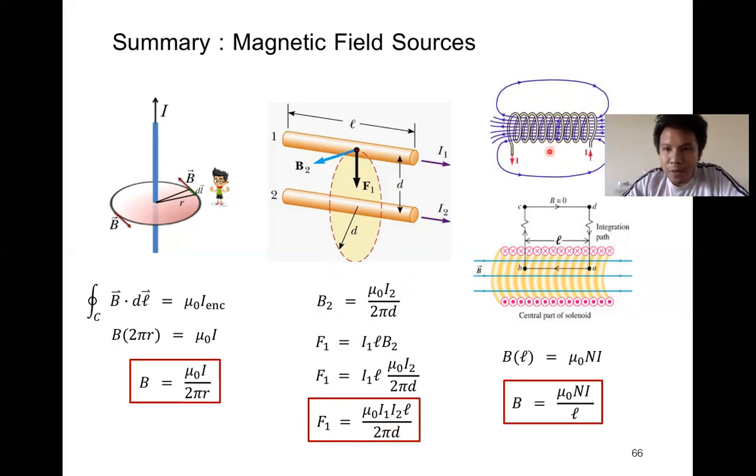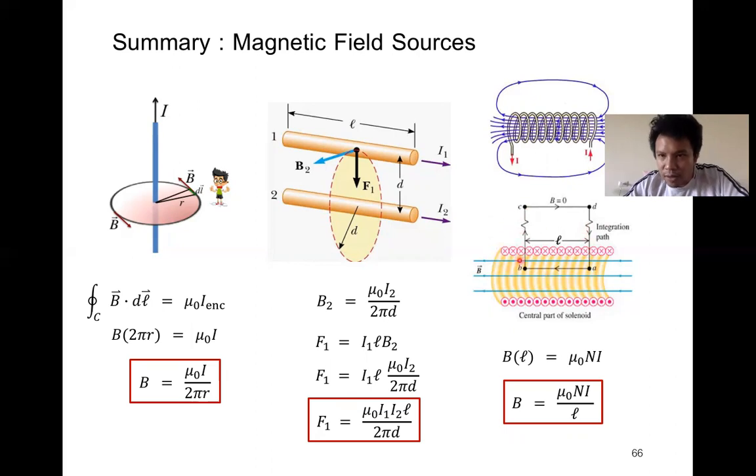And then for the case of a solenoid, what is to be noted for a solenoid or toroid is that the magnetic field within a solenoid and toroid is very strong. It is very strong because with many turns, there will be many times the current within the Amperian loop.